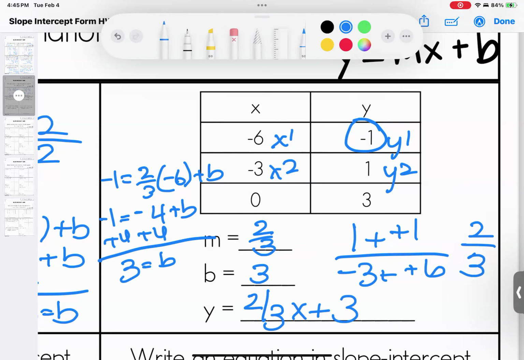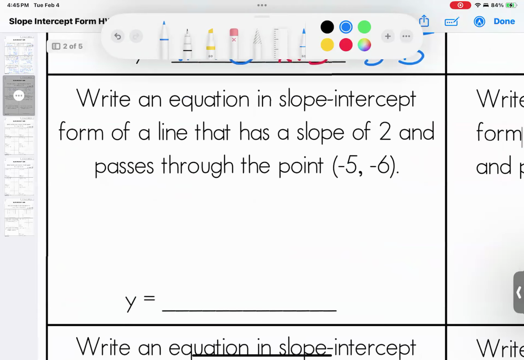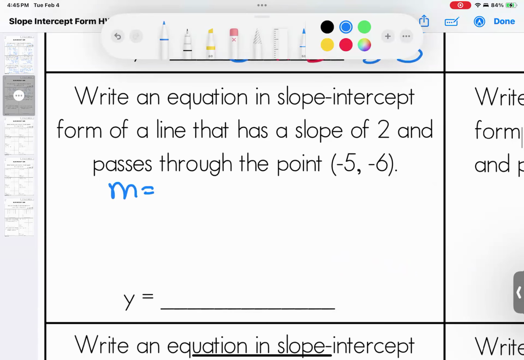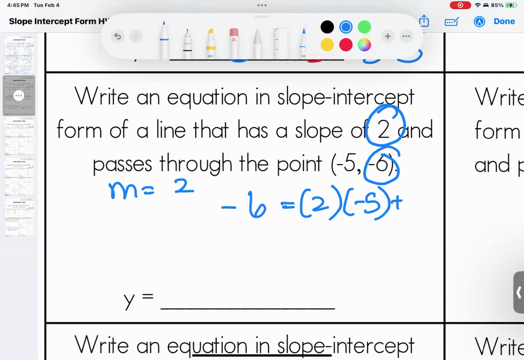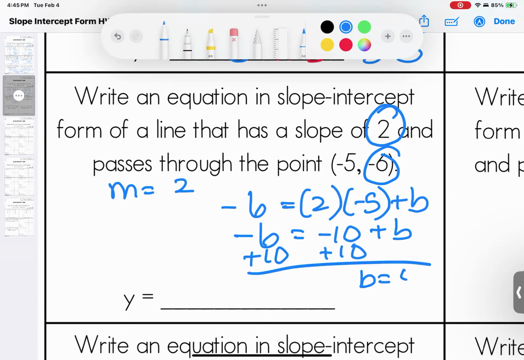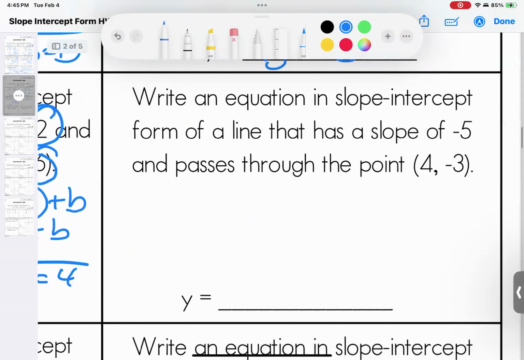All right. Over here, we have a slope of 2 already. So y equals mx plus b. Y equals -10 plus b. B is equal to 4. Writing out your equation.